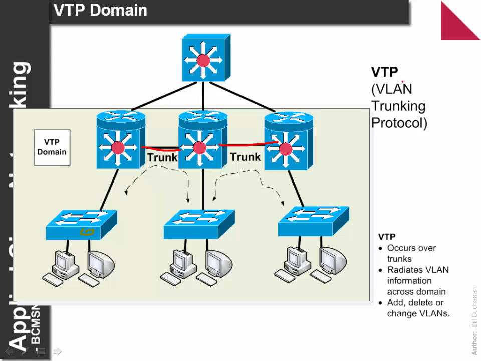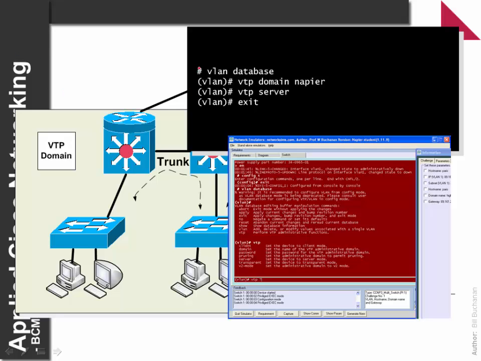So VDP also allows us to add and delete and change VLANs within a domain. So to create this, we create our VLAN database, define the name of the domain, and whether our device is a server or not.